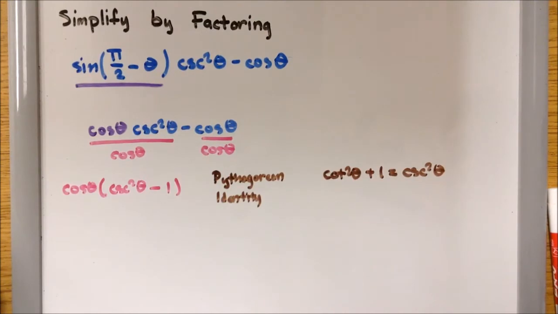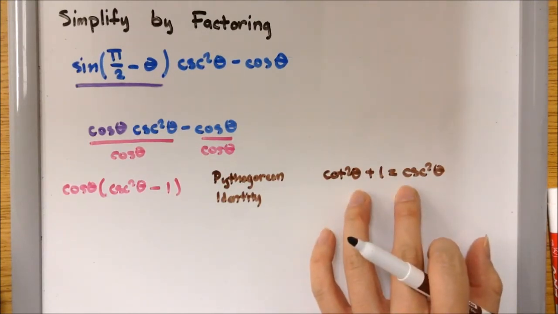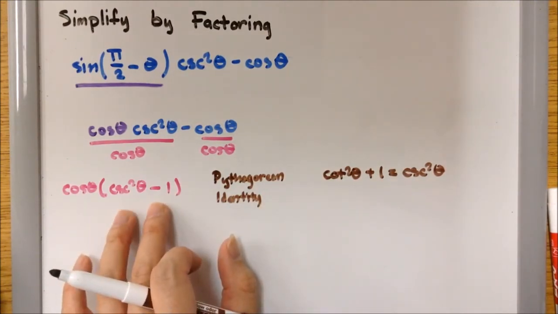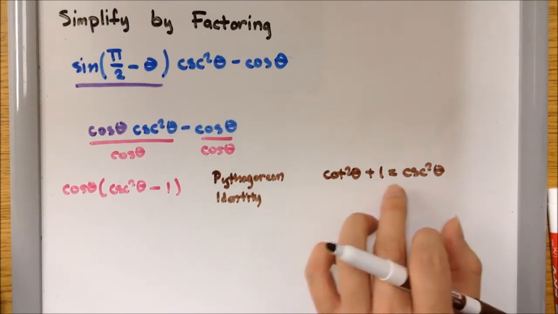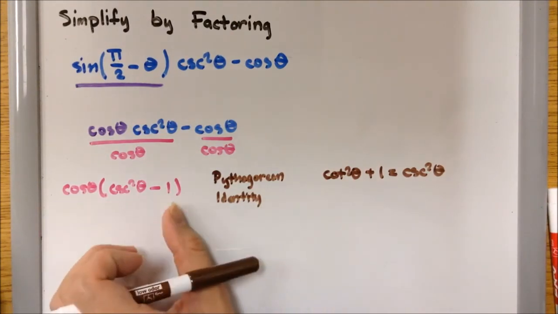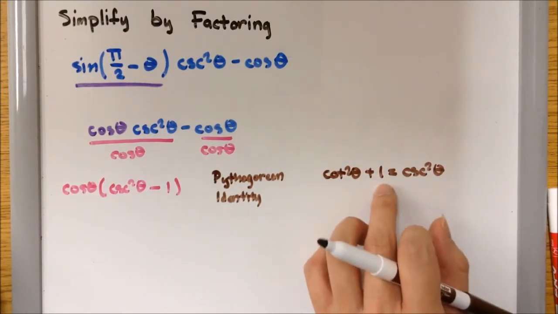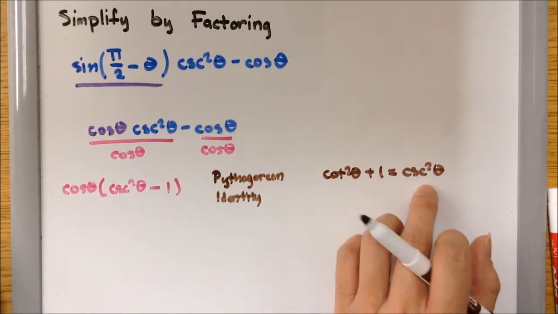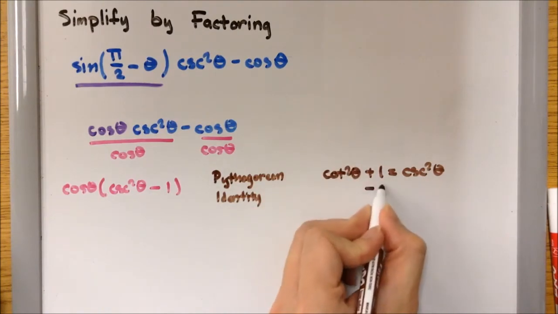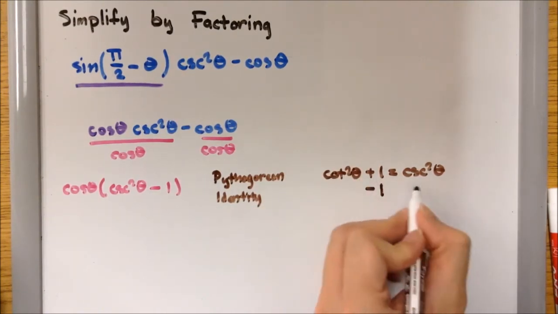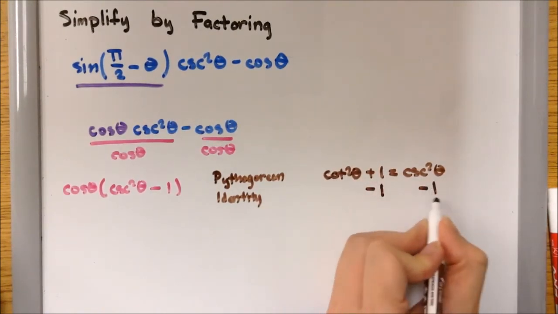Now, if I want to convert this to look similar to this, meaning you see how there's a 1 and cosecant squared theta together? I need to get this 1 to be with this cosecant squared. So I'm going to subtract 1 from the left side, and then subtract 1 on the right side.